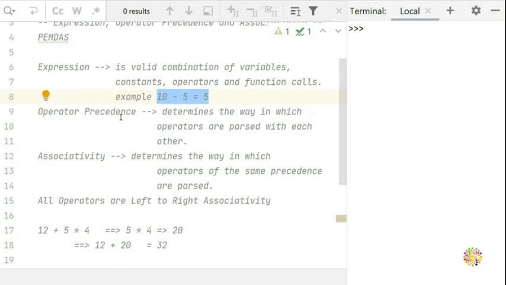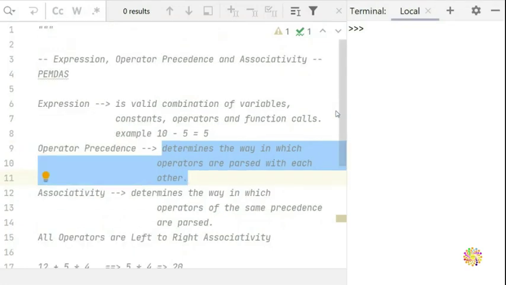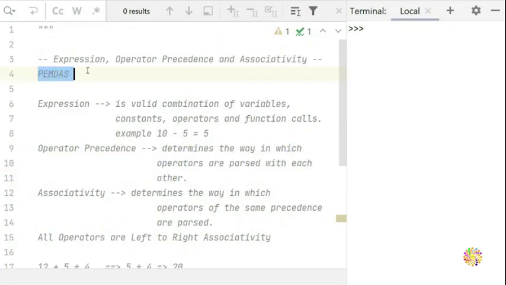Then we come to operator precedence. It determines the way in which operators are parsed with each other. That's the simplest explanation you can give about operator precedence. Here is an example showing which operators have priority over another.